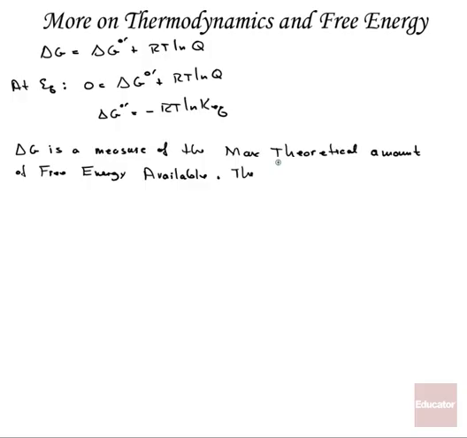So let's say we have a particular reaction under a given set of conditions, and we calculated that the delta G for this reaction is negative 50 kilojoules per mole. Well, that means that I have 50 kilojoules per mole that I can do something with, whether it's build a macromolecule or run some molecular motor or transport some solute across a membrane.